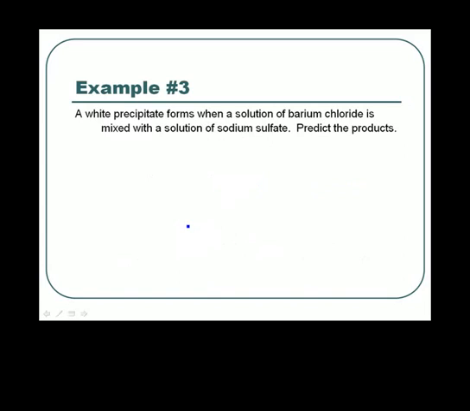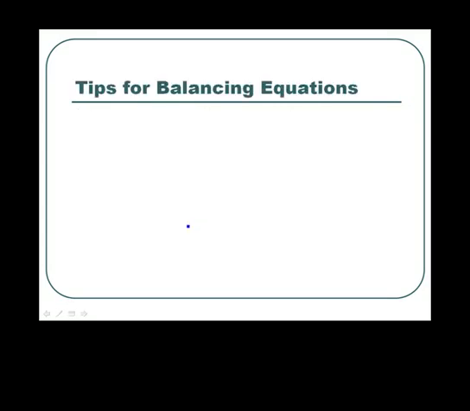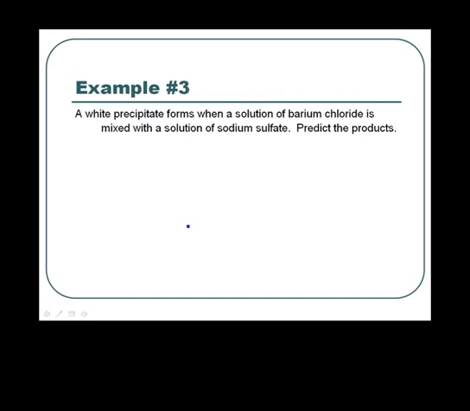Now, for most of your chemical reactions, you don't have to write the reaction out 8 or 9 times and do one little step. So here's how it would normally look. A white precipitate forms when a solution of barium chloride is mixed with a solution of sodium sulfate. And so the first thing we need are some reactants.